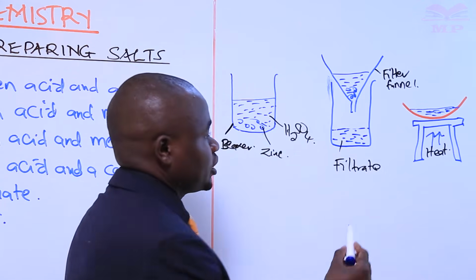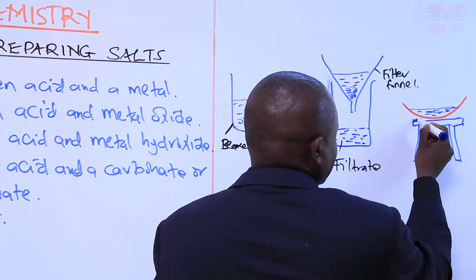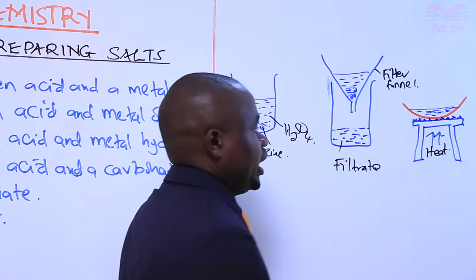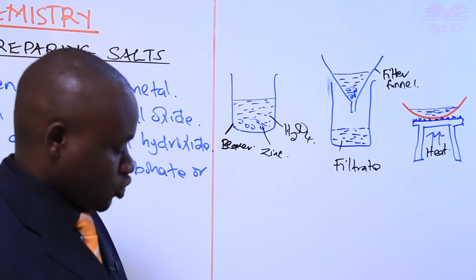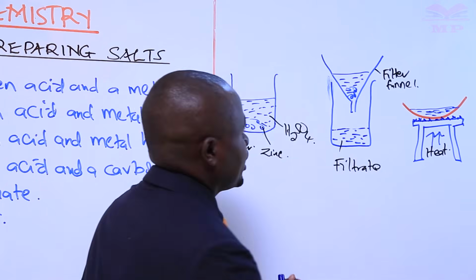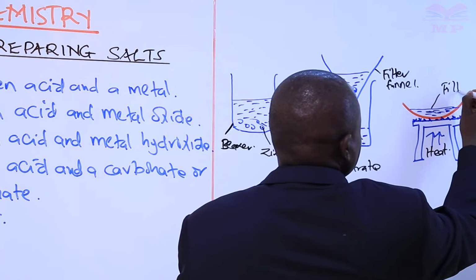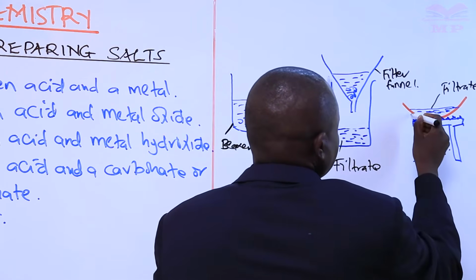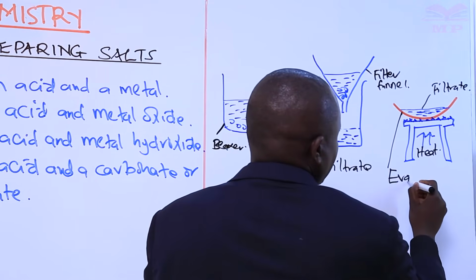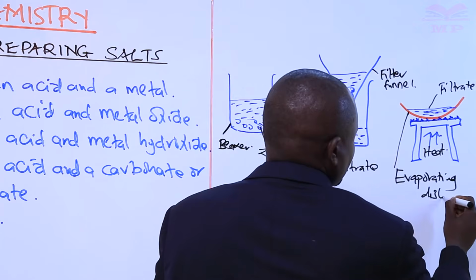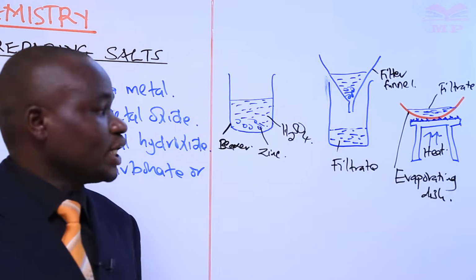Of course, don't forget, we are going to have our wire gauze here, just to hold that evaporating dish in position. So this is our filtrate there. Then this is our evaporating dish, like that. So we carry out evaporation.